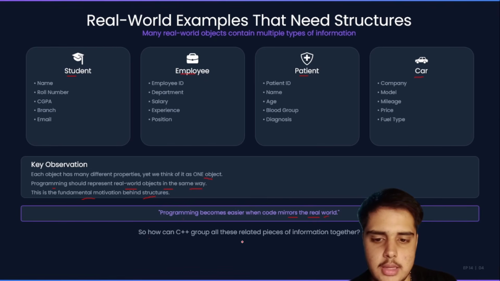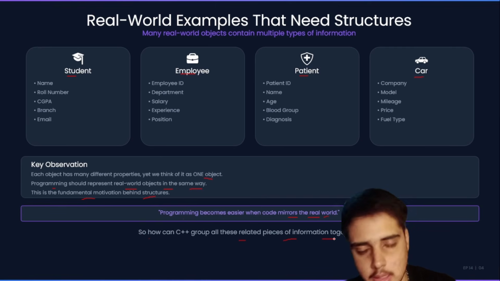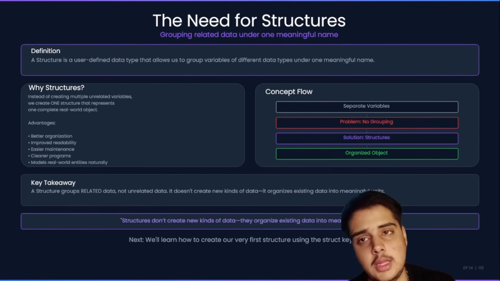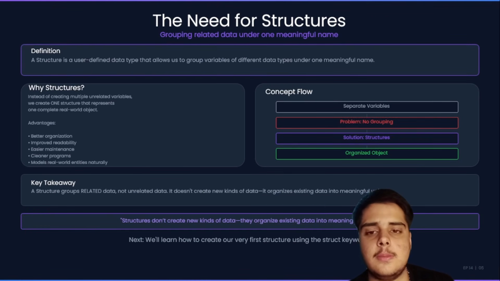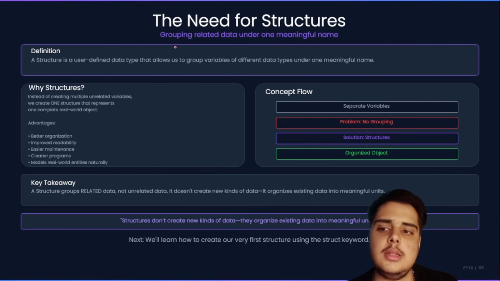So how can C++ group all these related pieces of information together? Here come structures. A structure is a user-defined data type that allows us to group variables of different data types under one meaningful name.